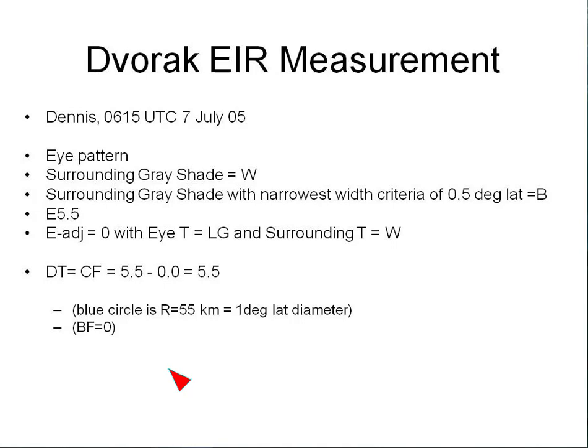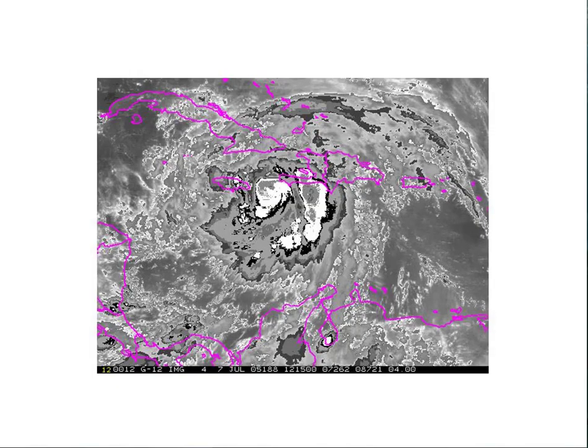5.5 is the E number, and the E adjustment with light gray gives you 0. So 5.5 with 0 gives you a 5.5 T number. Let's move on to 6 hours later. Dennis is now approaching Jamaica.